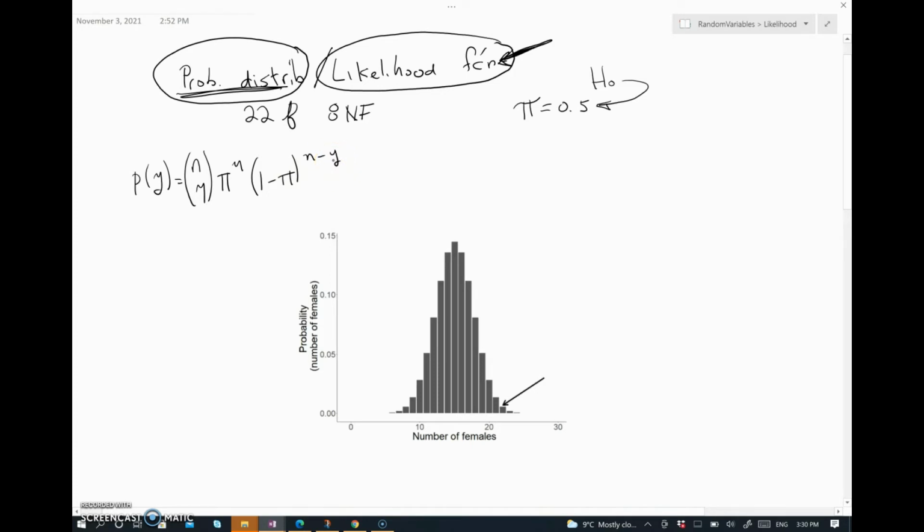And the way this is going to work is we're going to hold pi constant at 0.5, and we're going to vary the different values of y and see what effect that has on this value here. So here's our null hypothesis.